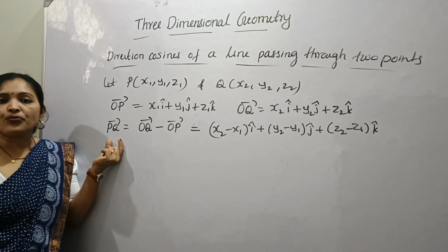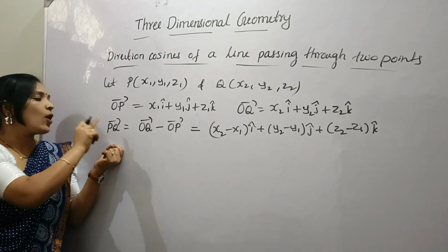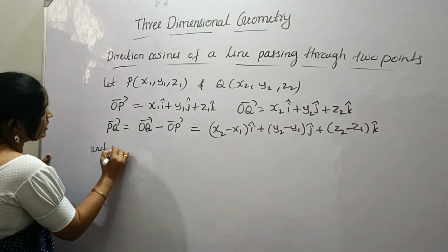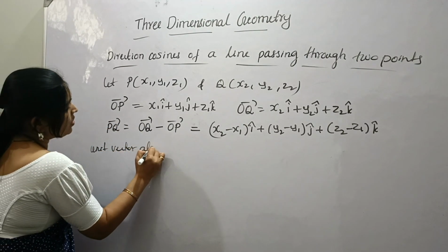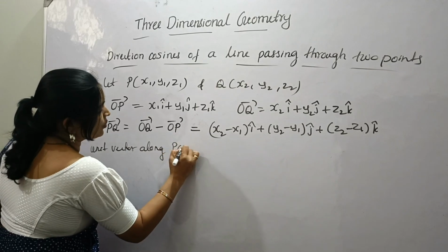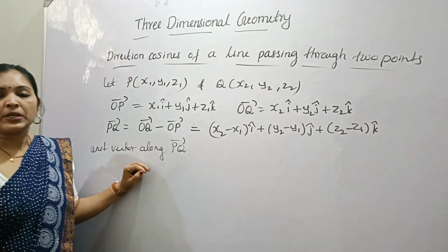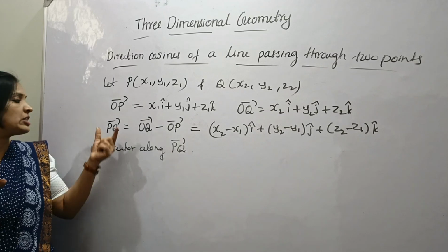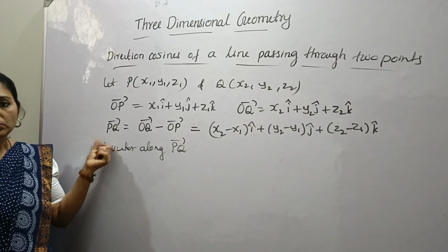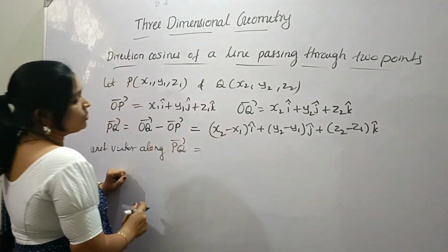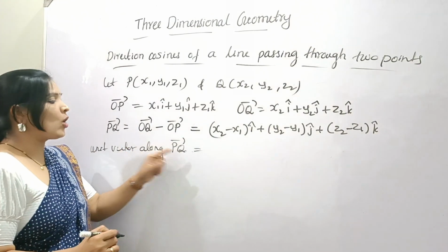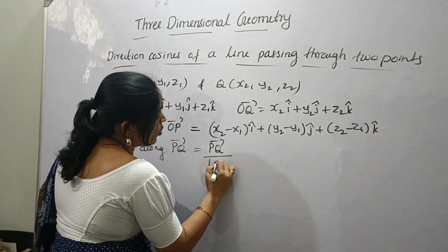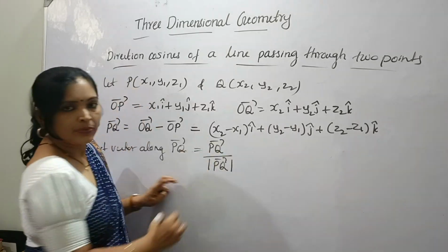Remember, direction cosines are the components of the unit vector along vector PQ. How to find the unit vector along PQ? That is vector PQ divided by modulus of vector PQ.